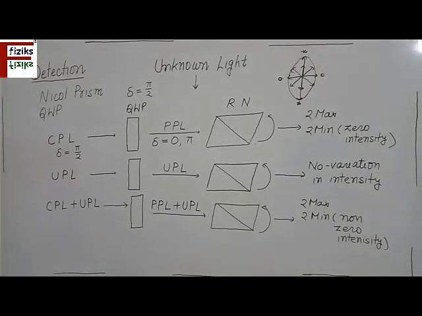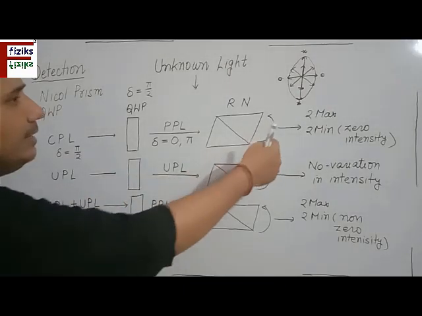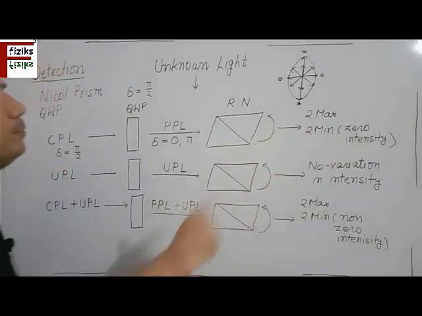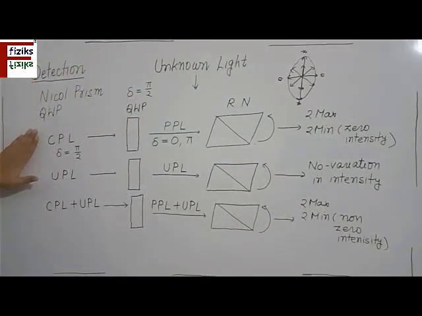Now to check which one of these three is present in the unknown light, we will pass it through a combination of a quarter wave plate and a rotating Nicol. And on the other side of the Nicol, if we get 2 maxima and 2 minima with zero intensity, then the unknown light is circularly polarized light.